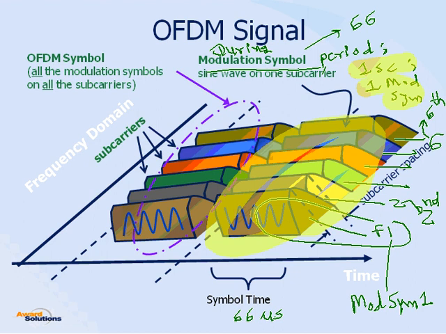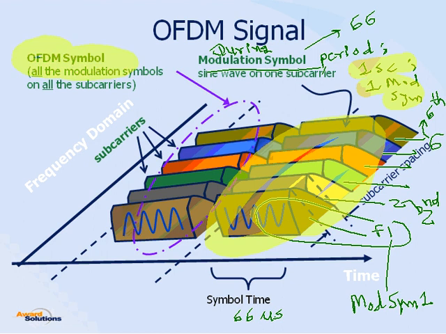Now we know how to get high data rate. Orthogonality, zero interference, squeeze in many subcarriers. Each subcarrier carries one modulation symbol. Parallel transmission of modulation symbols on many subcarriers gives us a super duper data rate. Now one term that we should be familiar with is the so-called OFDM symbol. What is this OFDM symbol?